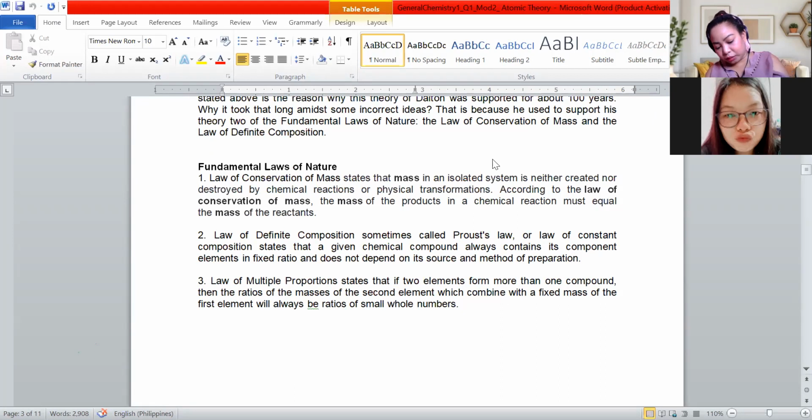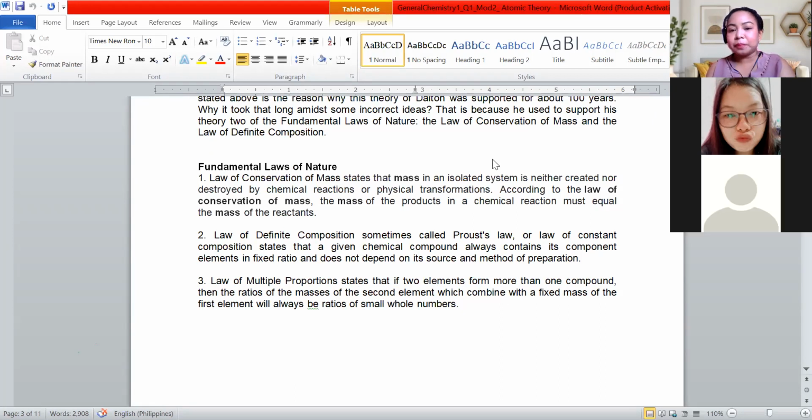Who are familiar with LPG? Yes, ma'am. LPG stands for liquefied petroleum gas, right? So it is made up of different forms of gases, and in these gases, it is made up of carbon and hydrogen, but of different ratio.